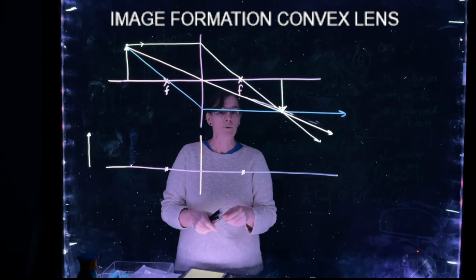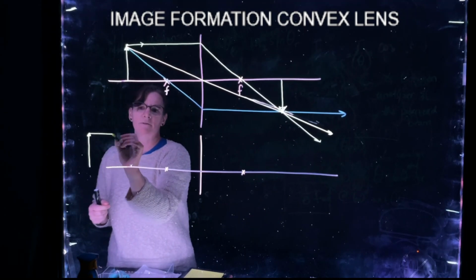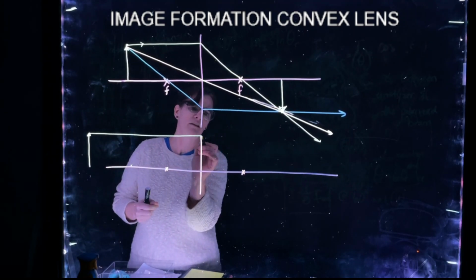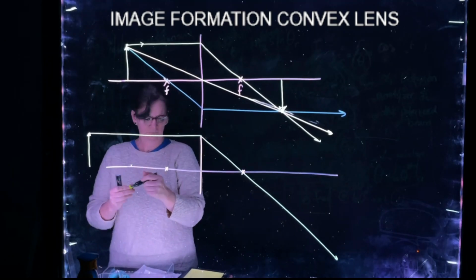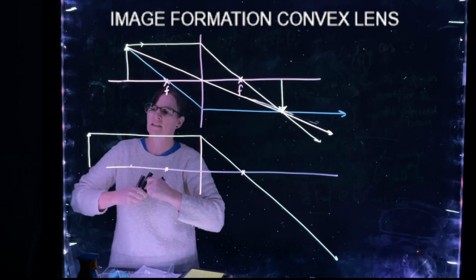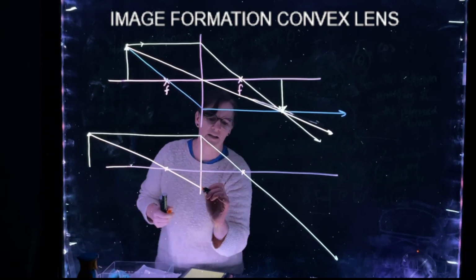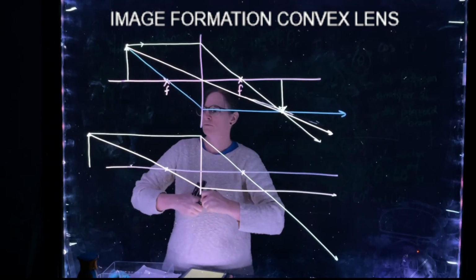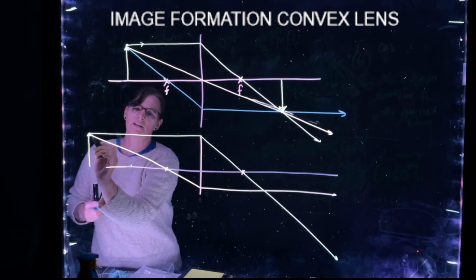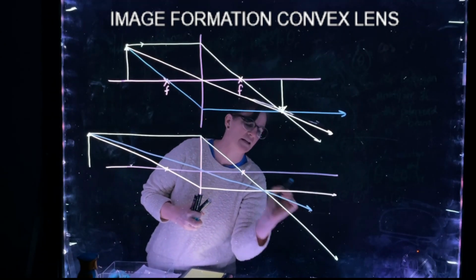If I follow the same principle, practicing our ray tracing again, I have a ray of light that's parallel, it will be refracted through the far focal point. A ray of light that goes through the near focal point is refracted out parallel. And a ray of light that goes through the center of the lens remains unrefracted.